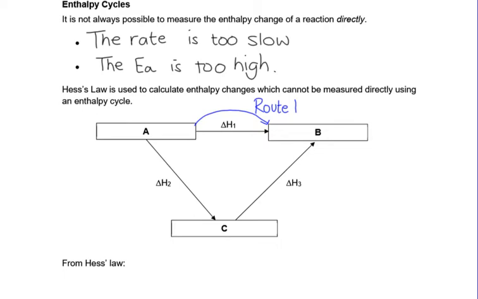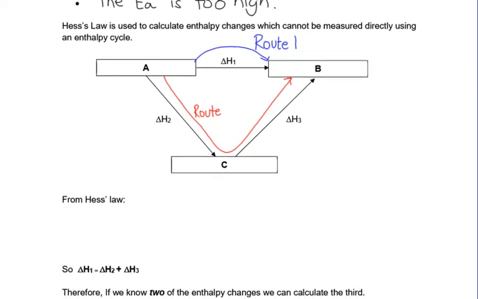So if I know that, then I can find this different, less direct route that goes via C, call this route 2. Now I'm starting at A, so both arrows point away from A, and I'm ending at B, so both arrows point to B at the end. Hess's law says that route 1 must equal route 2.